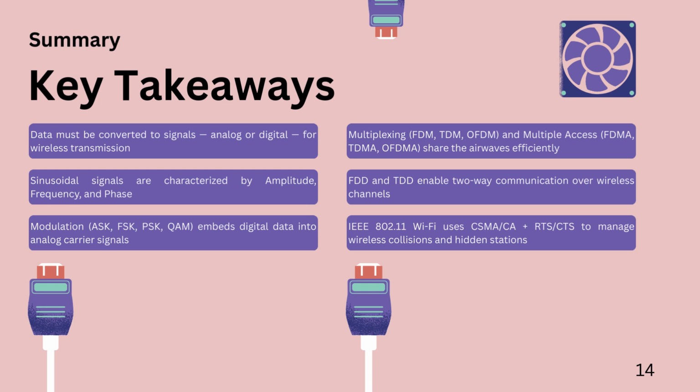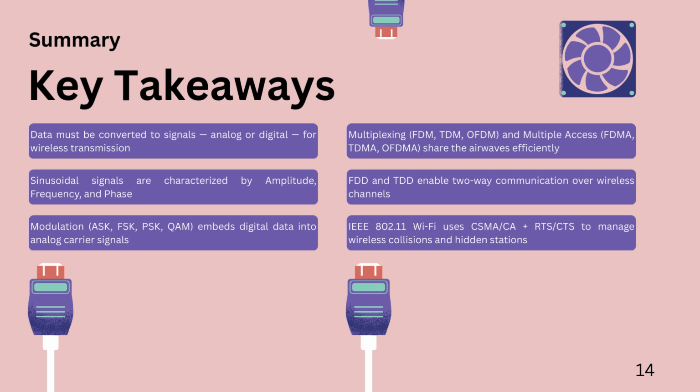So now let's summarize the key points of this presentation. The data is converted into signals for wireless transmission. Signals are defined by amplitude, frequency, and phase. Modulation sends digital data through analog signals.